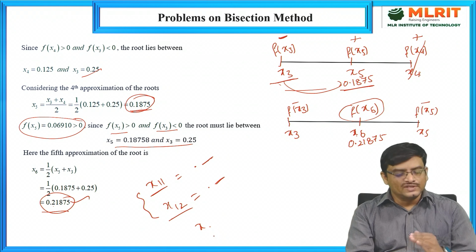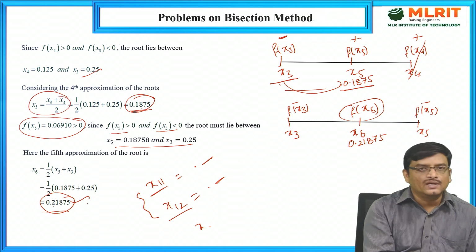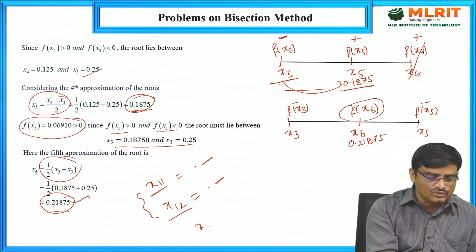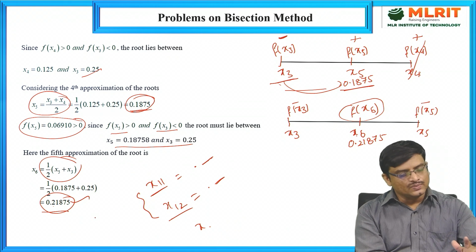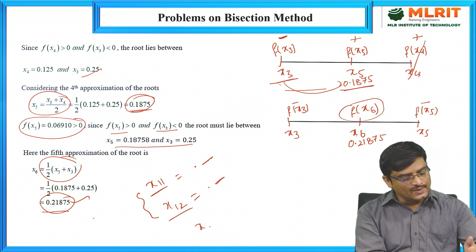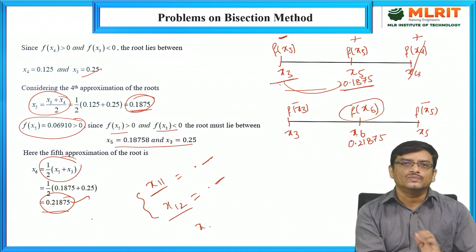Okay, so since we are repeating, if you observe here, we have taken the average of these two numbers, and we are repeating this process a number of times. Repeating the same process a number of times, we can call this method an iterative method.